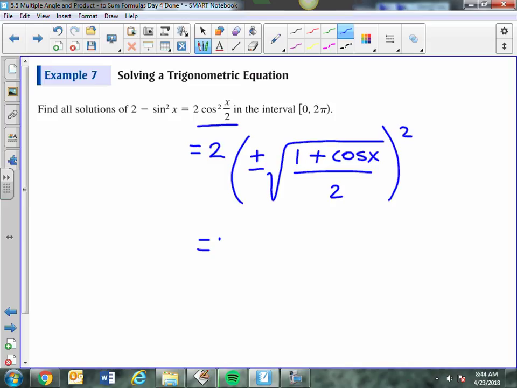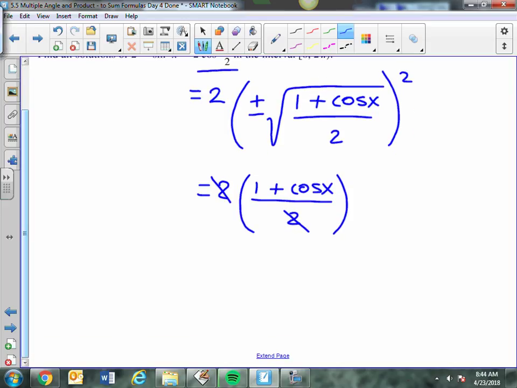So we'd have 2 times 1 plus cosine x over 2, and that is all now out of the square root. The final thing we can do on the right side is simplify. We can cross out the 2's, so I have 1 plus cosine x left over.